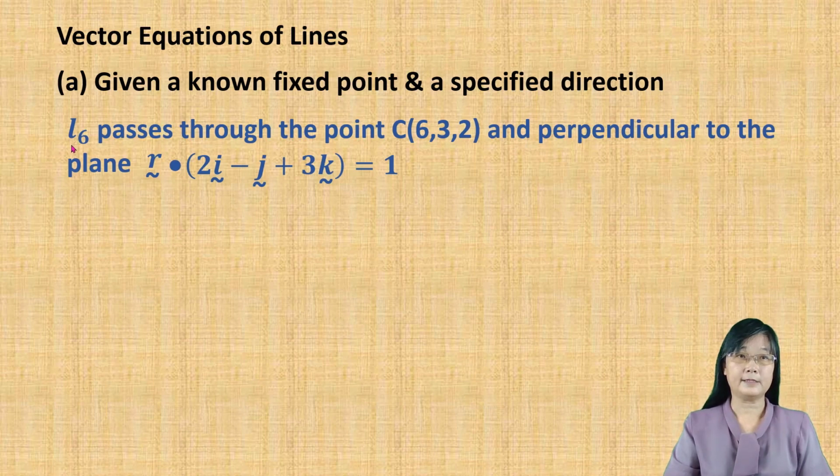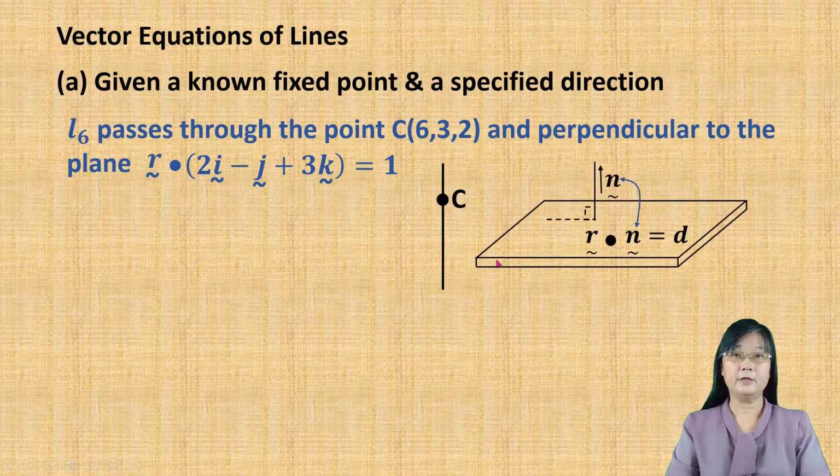Now for line L6. L6 passes through the point C and is perpendicular to the plane with the vector equation given here. From the vector equation of the plane, we can see the normal vector. The normal vector is a vector whose direction is perpendicular to the plane.